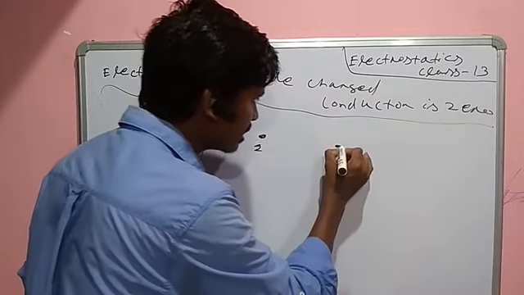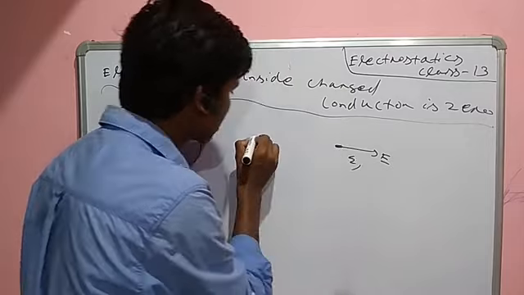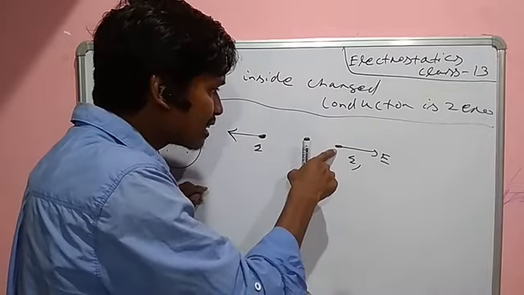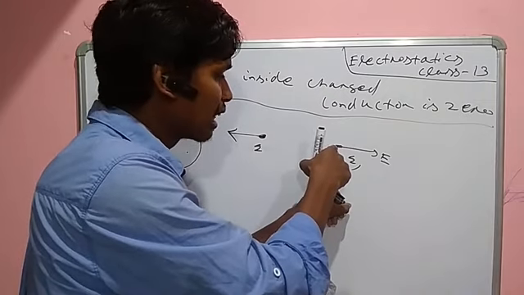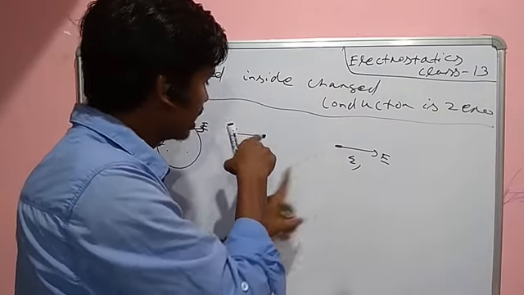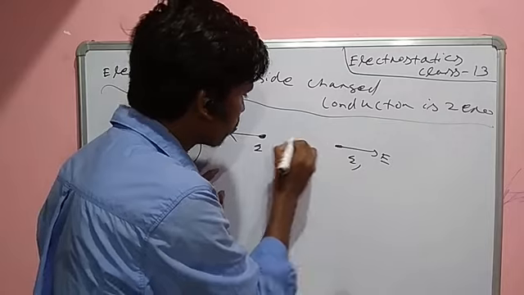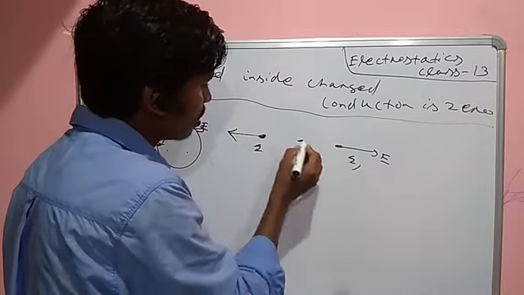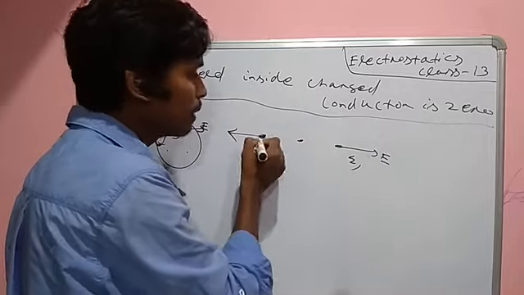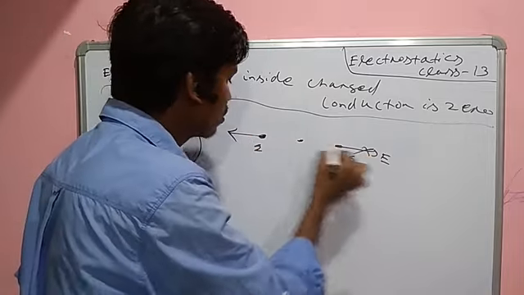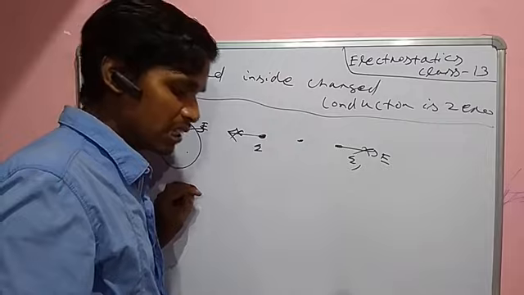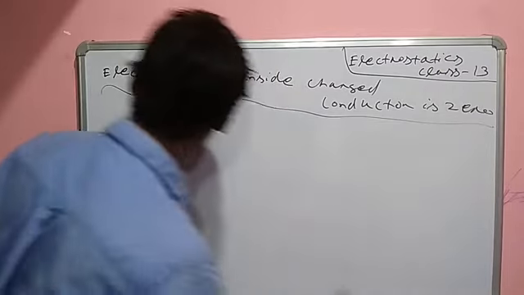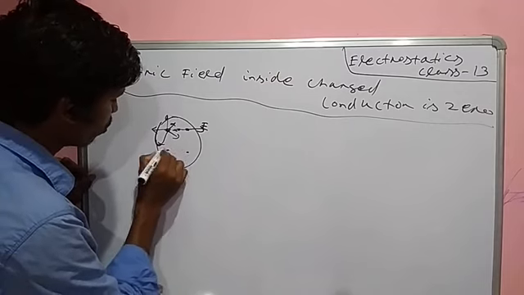Suppose due to this charge the field at this point is in this direction, and due to the other charge it is in this direction. Suppose at this point, the middle point, the electric field is in the opposite direction. That means they cancel each other. Listen. Similarly, we have to think of every proton.